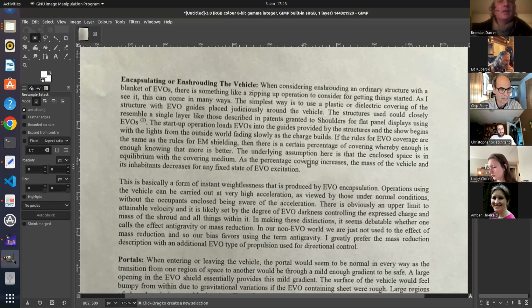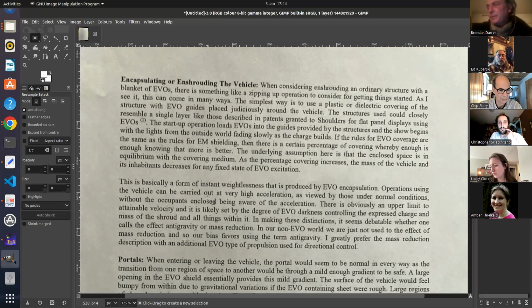As the percentage covering increases, the mass of the vehicle and its inhabitants decreases for any fixed state of EVO excitation. Wow. And what he's talking about here is technically called the vacuum plasma bubble sheath that surrounds the ship.